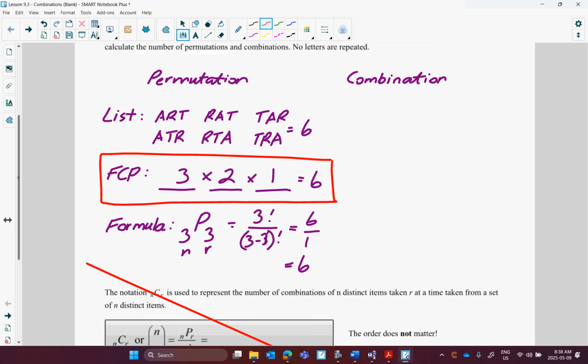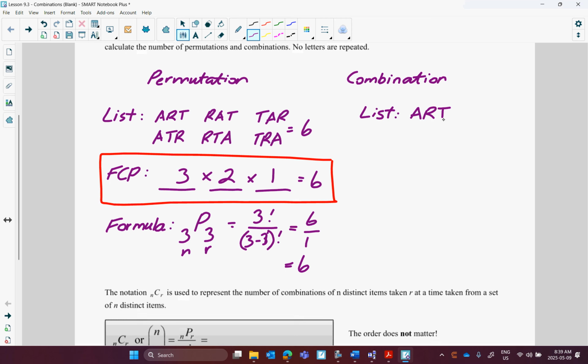Combinations. How many combinations are there? Let's start here with A, R, and T. Can you give me another three-letter word that doesn't use the letters I've already used?